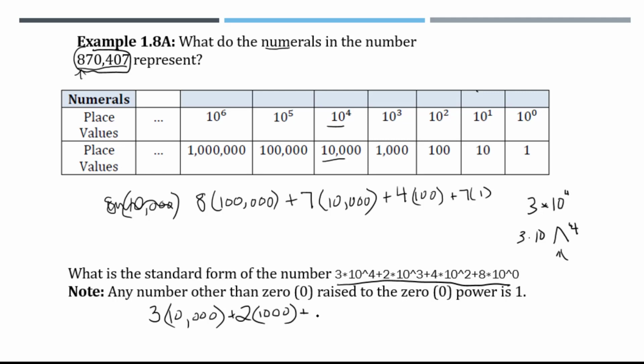Plus 4 hundreds. And then plus 8 ones. But let me show you a quicker way. We could actually add those. We got 32,408.